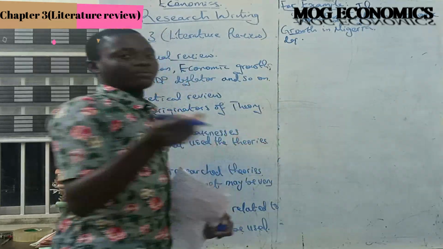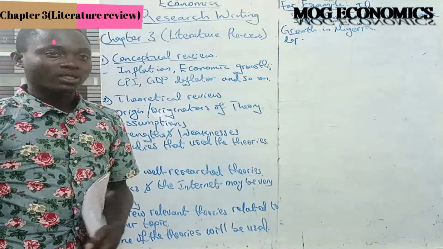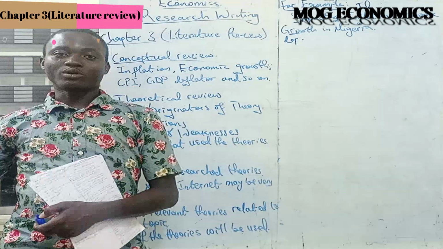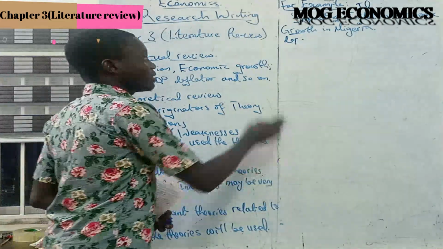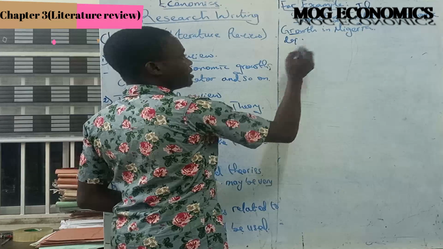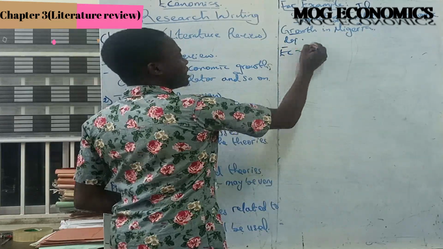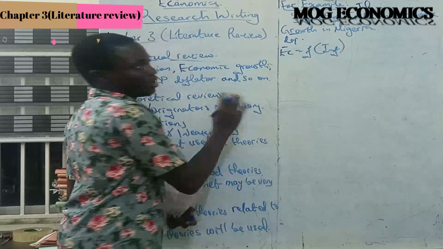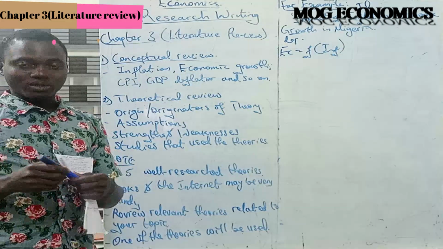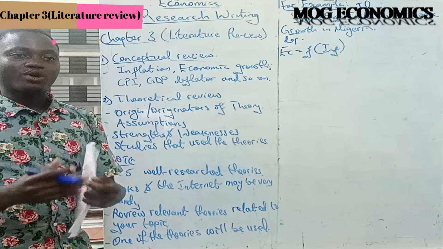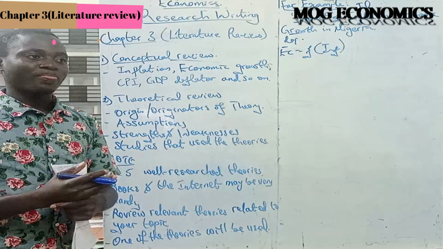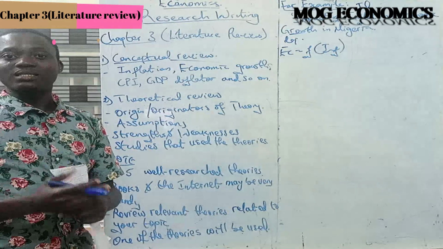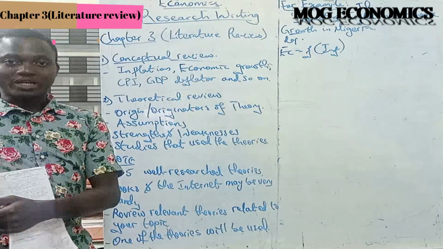Okay, so whenever you are talking about a theory, it's going to be your dependent variable being a function of your independent variables. So in this particular theory, you'll be having economic growth as a function of inflation. Alright, so whatever theory that you are reviewing has to be theories where economic growth is determined by some factors.